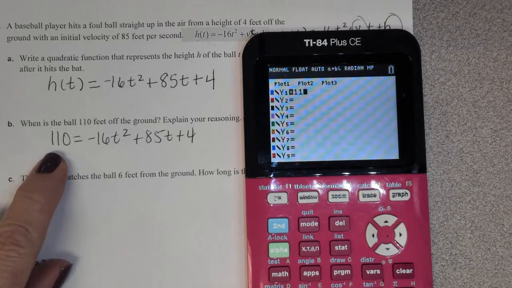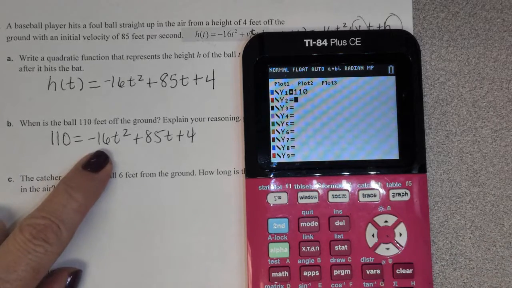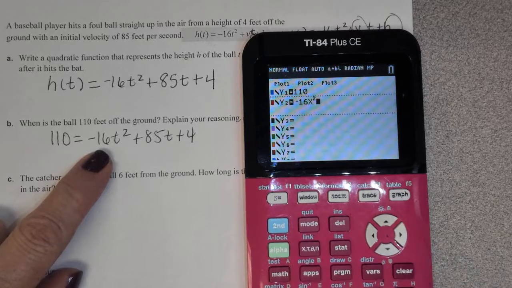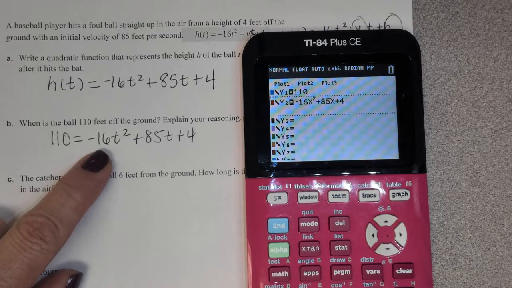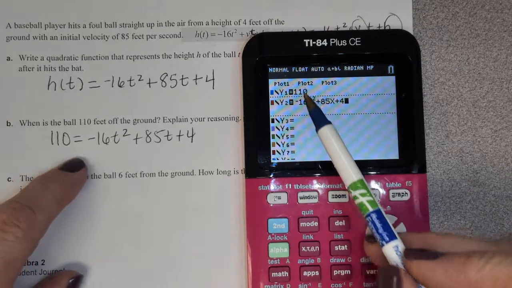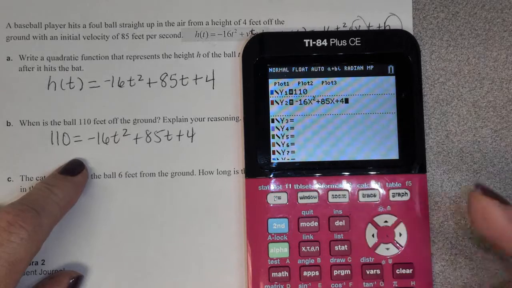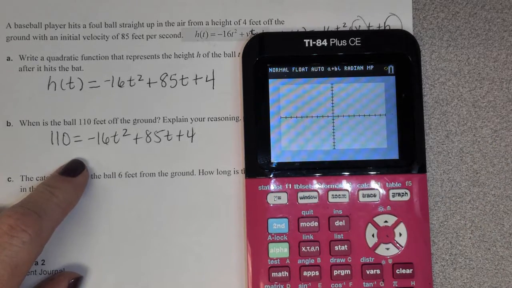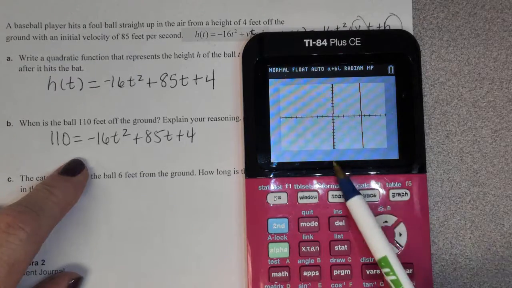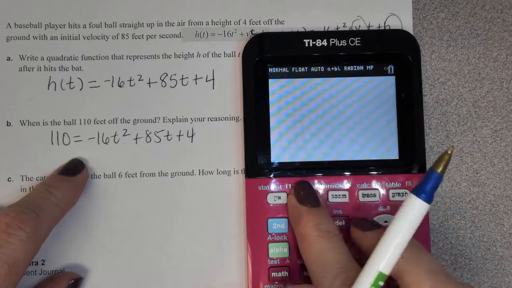So I'm going to put in 110, and I'm going to put in negative 16x squared plus 85x plus 4. And I want to know where these equal to each other. If I do a zoom 6, it's not going to look very good. There it is. So I can see it going up and going down, but I want to change my window.